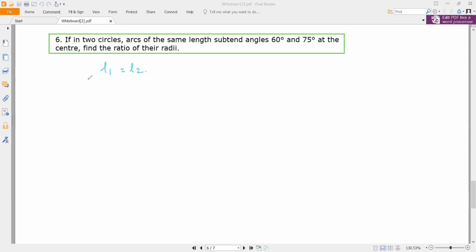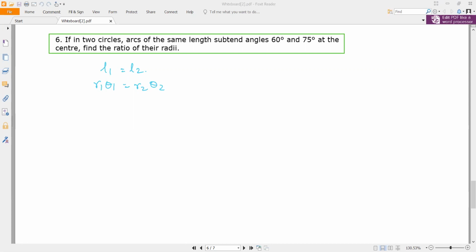For circle 1, we are considering R1, L1, and theta1 as the radius, length of the arc, and the angle subtended by the arc. Same goes for L2, R2, theta2 for second circle. We are given that L1 is equal to L2, L1 is equal to R1 theta1, and L2 is equal to R2 theta2. So these two will be equal.